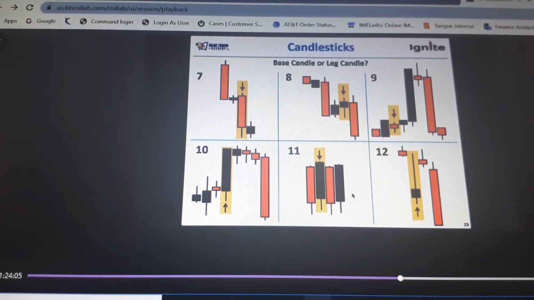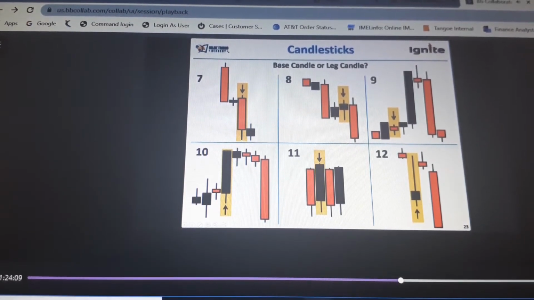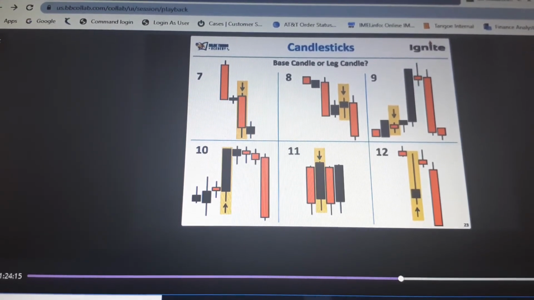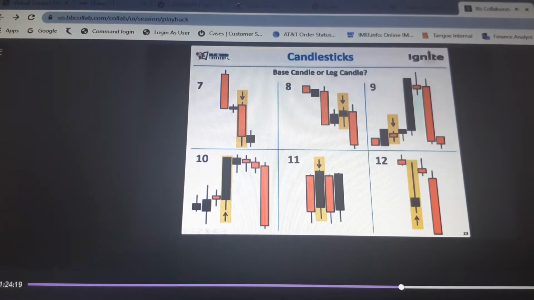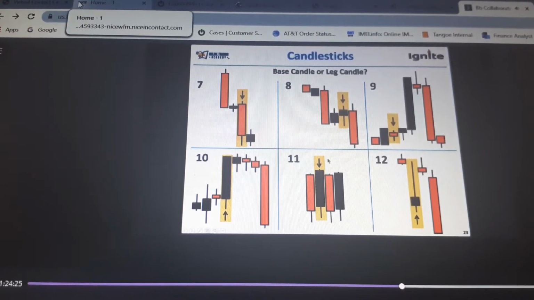Very good, Jyotsna, because there is no base in between. I told you your demand and supply will always have a base in between. So this is not a formation of demand or supply. It's just a simple candlestick formation. There is no demand, no supply over here.